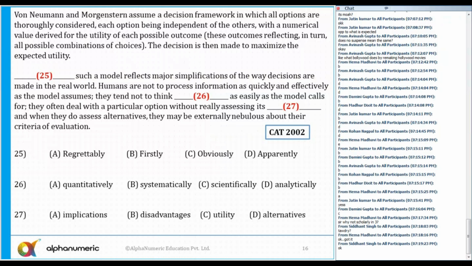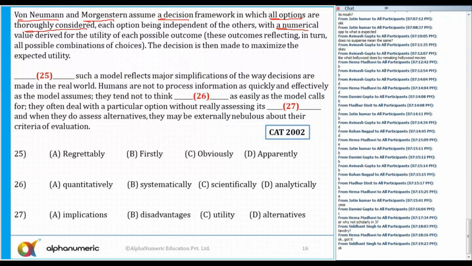The decision is then made to maximize the expected utility. So how do people make decisions according to von Neumann and Morgenstern? All the options are thoroughly considered, and we assign a numerical value to each possible outcome. Based on that, we make a decision so that our utility is maximized. That is what these two guys are saying.